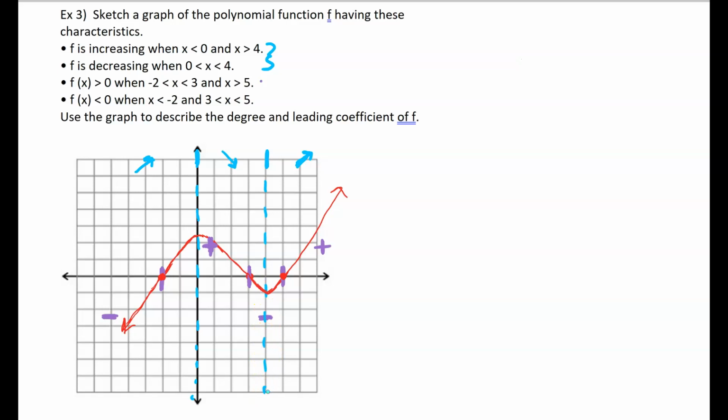All right. So I just want to make a note up here. These first two, when f of x is increasing versus when f of x is decreasing, this tells you where the graph turns around.